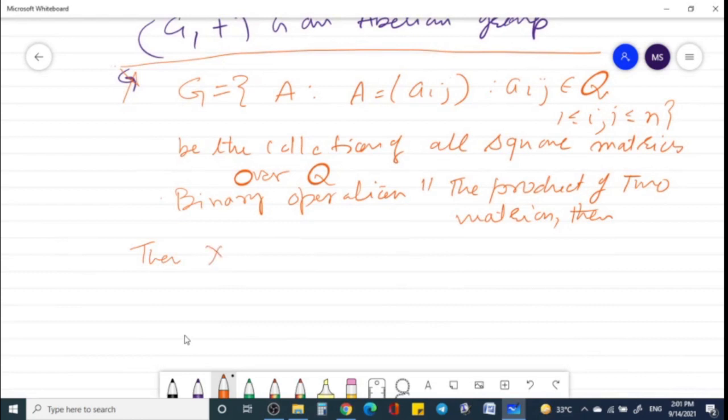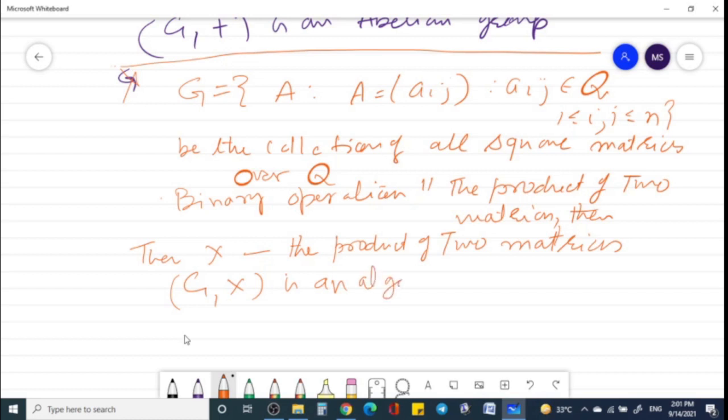Then this product, the product of two matrices. Okay. So G star is an algebraic structure.